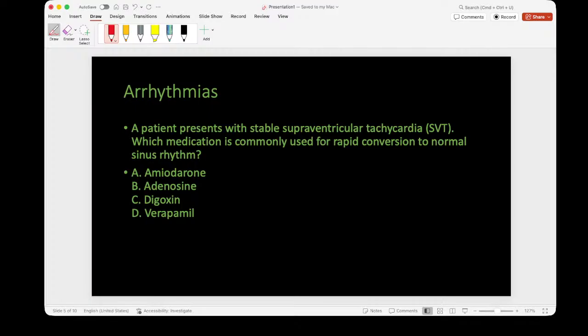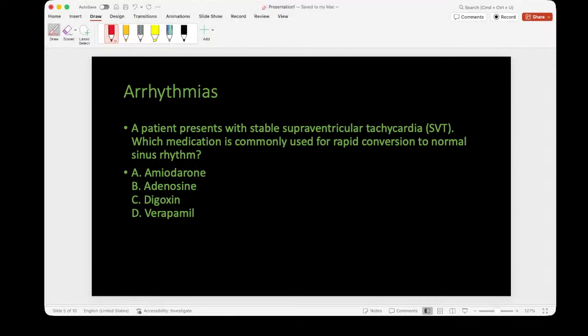So, in this case, you need to understand that there is some kind of rapid heartbeat going on, and to convert it to normal sinus rhythm, you would need to use one of these kinds of medications.